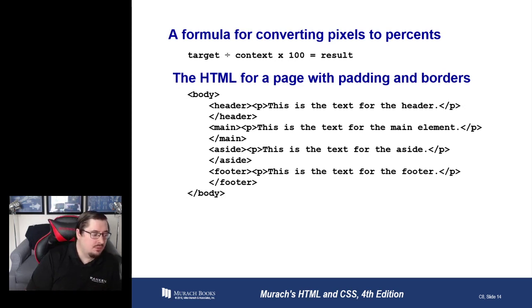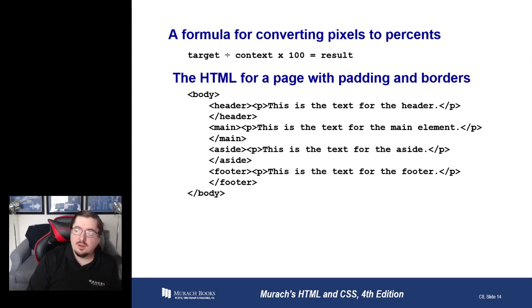So going back to where we were, we're starting with a fixed layout, and we want to convert it to fluid. We can use this formula to do that conversion, to get roughly the same behavior as we had before. So the target is the screen size that the original design was targeting. If the original design was targeting a screen that was 1280 pixels wide, that would be my target.